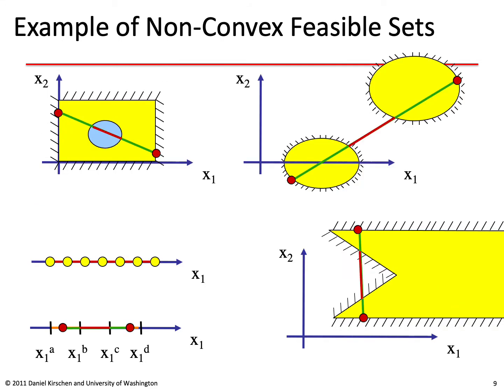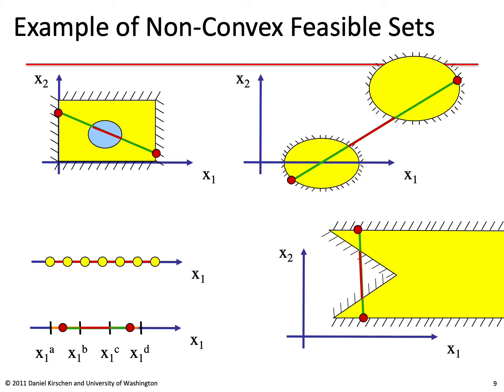On the other hand, in a non-convex set, there are points of the set where if I draw a straight line between those 2 points, some of the points on this straight line do not belong to the set. So for example, in the top left corner, the green line crosses the blue area in the center of the set, which is not part of the set. Therefore, this set is non-convex.